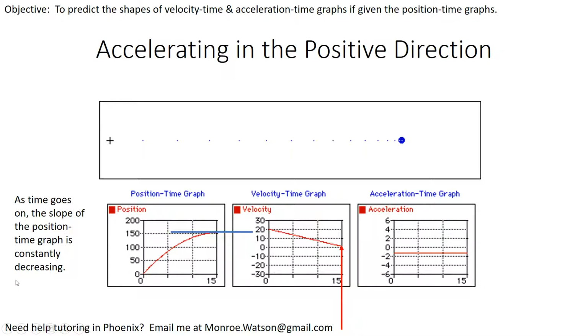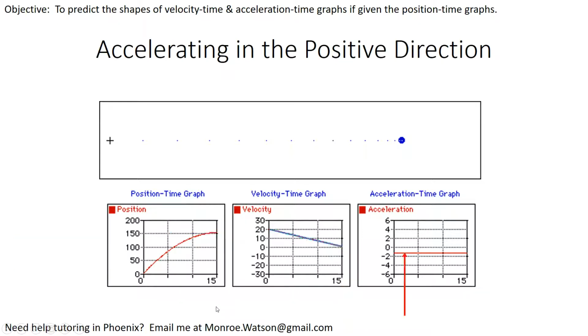So as time goes on, the slope of our position time graph, that tangent line, is constantly decreasing. And so therefore we have a constant negative velocity there. Okay? And now we have a negative slope. Because we have a negative slope in our velocity time graph and it's constant, the negative slope is going to give me a negative acceleration value there.